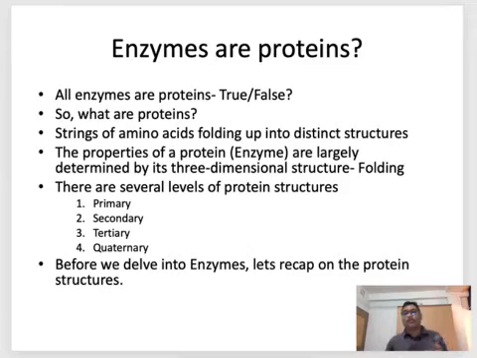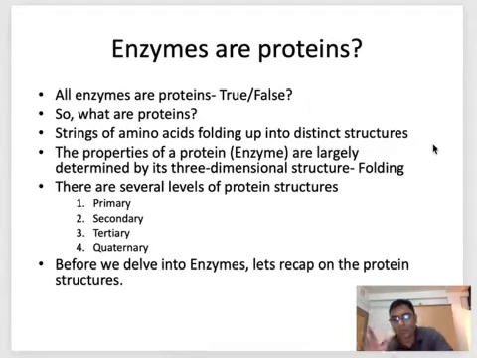So if we want to understand enzymes, basically we need to understand proteins. So what are proteins? Proteins are strings of amino acids folded up into distinct structures, and the functionality or properties of proteins, that is enzymes, are largely determined by their three-dimensional structure.